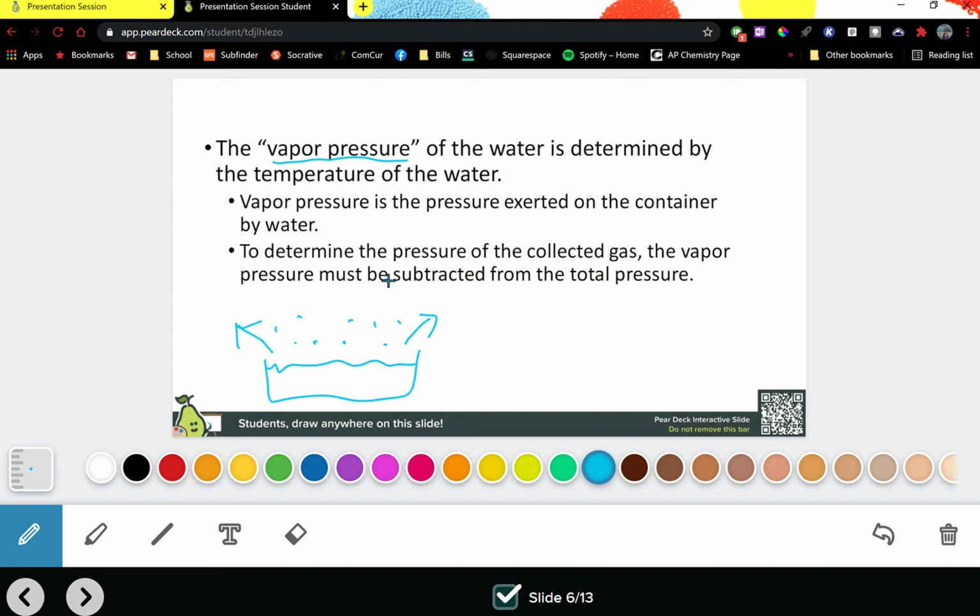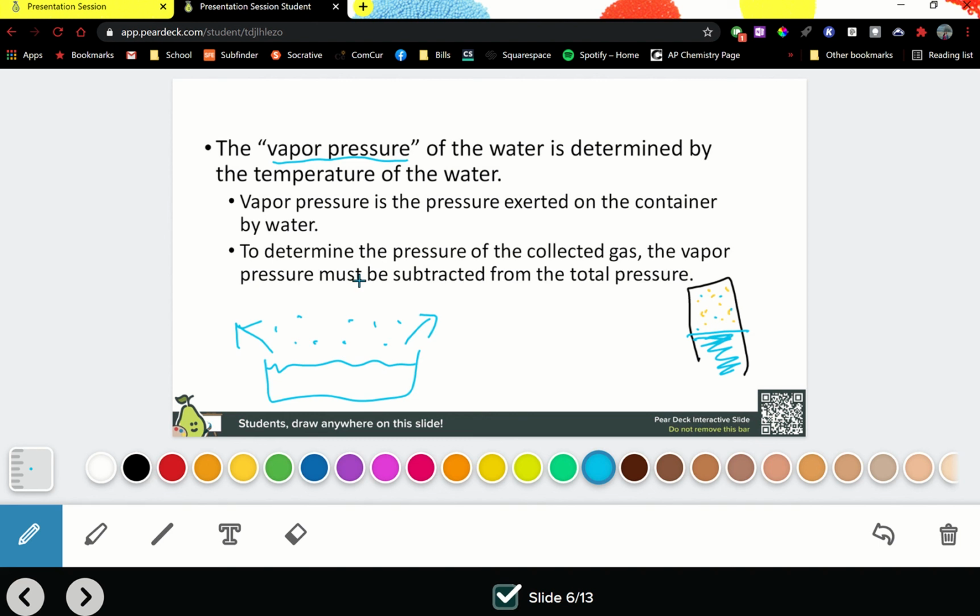So those particles escaping the surface in our experiment, in that upside down test tube, we've got, let's see if we can represent this well, our water level. We've got our yellow gas particles. And then we have a few water particles that have evaporated off the surface, okay?